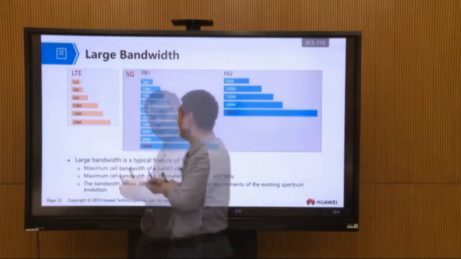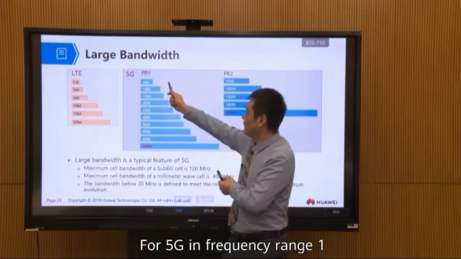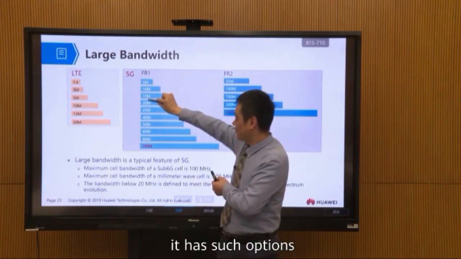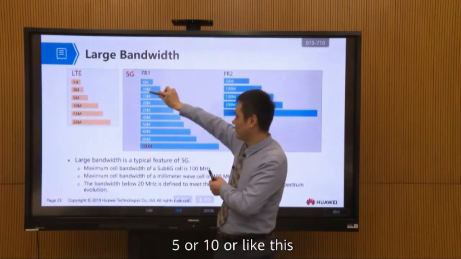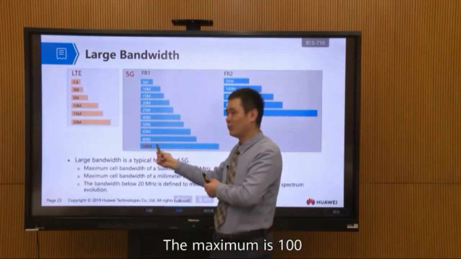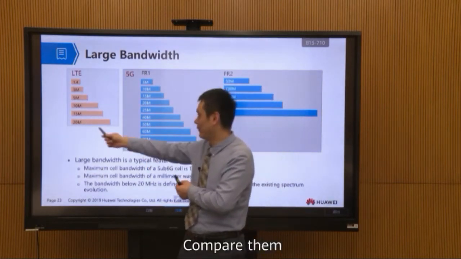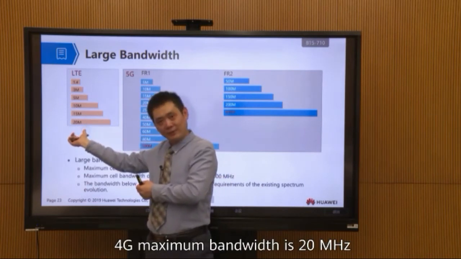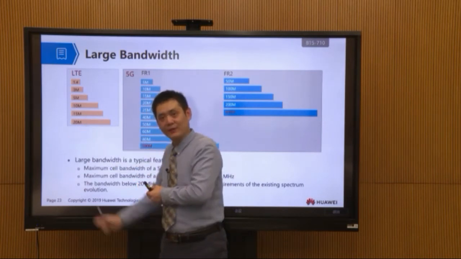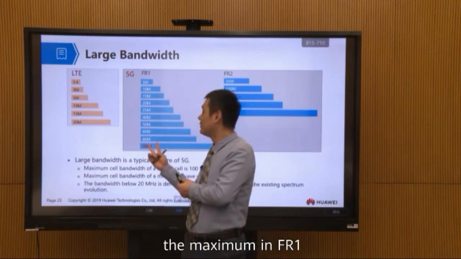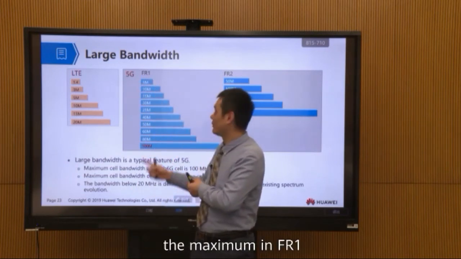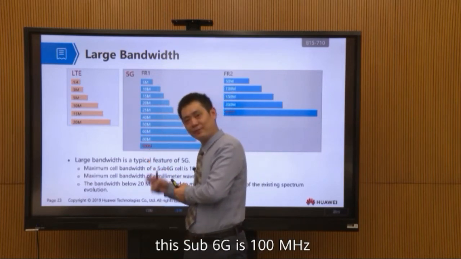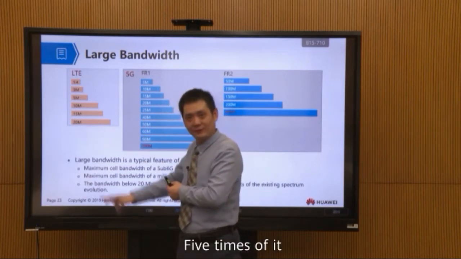And for 5G in frequency range 1, we have such options: 5 or 10 or like this. The maximum is 100. Now compare them. 4G maximum bandwidth is 20 megahertz. And for 5G, the maximum in FR1, sub-6G, is 100 megahertz, 5 times of it.